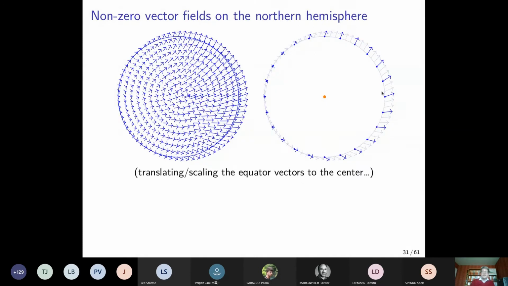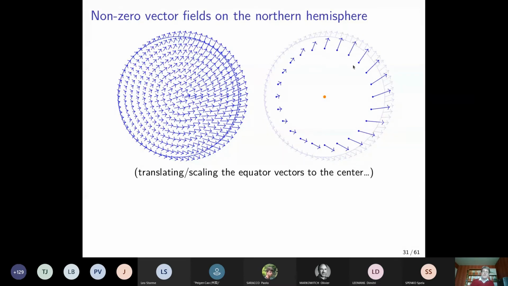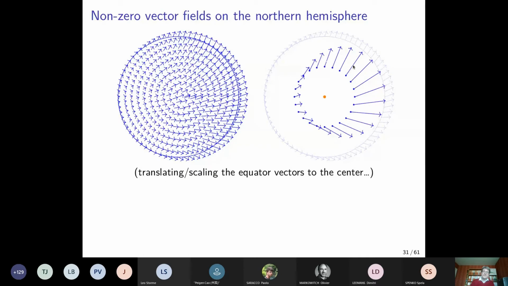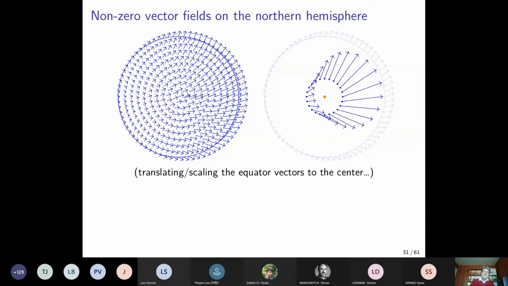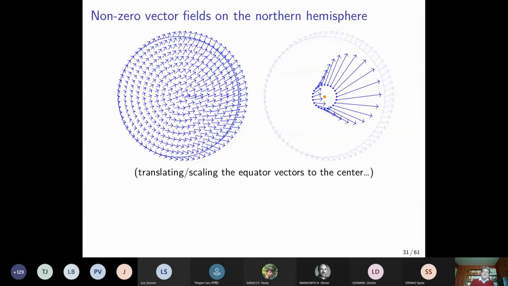And I'm also going to scale them. I'm going to start by thinning them out a little bit, because otherwise the picture becomes too dense. And I'm scaling them also to avoid the picture becoming too dense. So I'm moving the vectors, but I'm moving them parallel to the center.